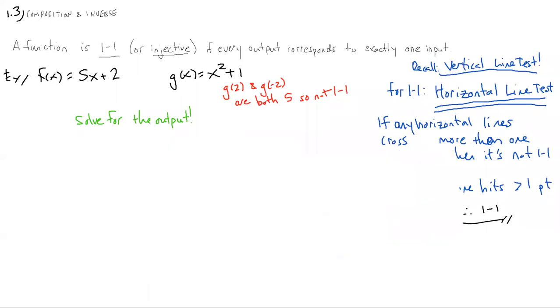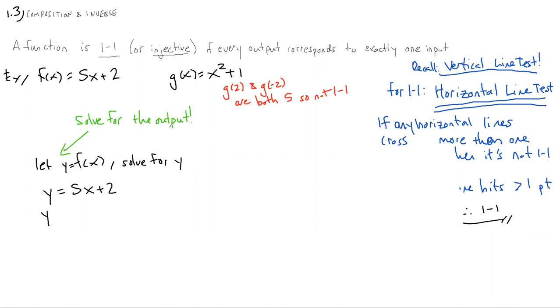So in the first one, I'm going to let y be f of x, and what I'm going to do is solve for y. So we have y equals 5x plus 2, and then do some algebra, solve for, sorry, not solve for the output, solve for the input.